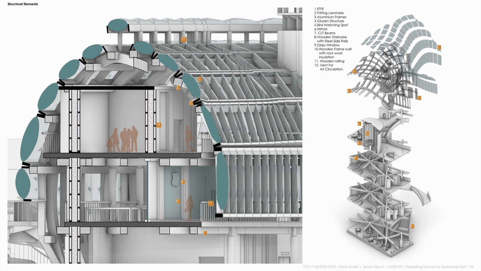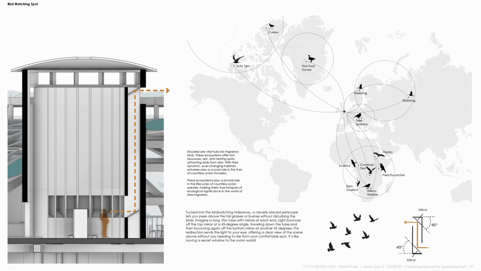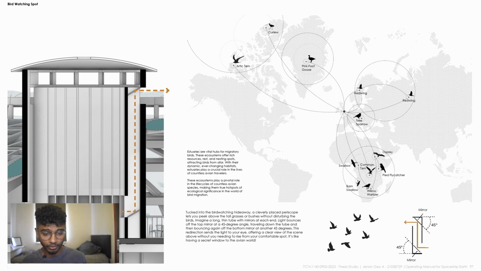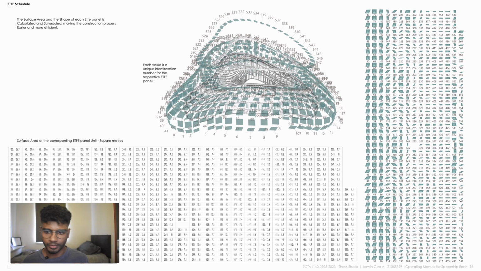Here are some details of the wall and how the system works. Here's the detail about the periscope lens. It is like a magnified periscope lens to watch the birds. And I've created an ETFE schedule, of course, using Grasshopper. I calculated the area and assigned a number for it.